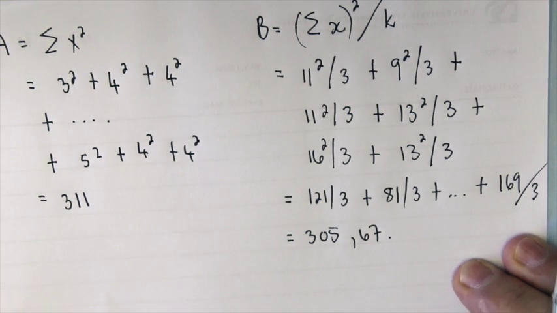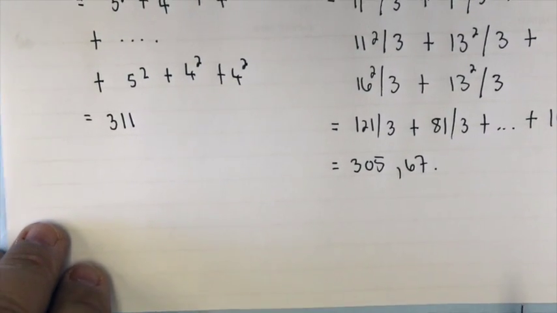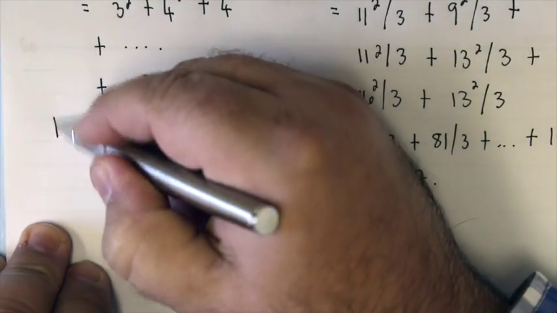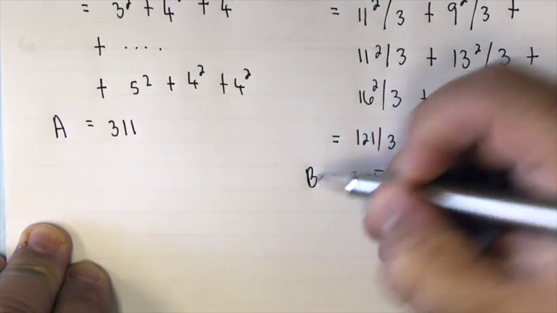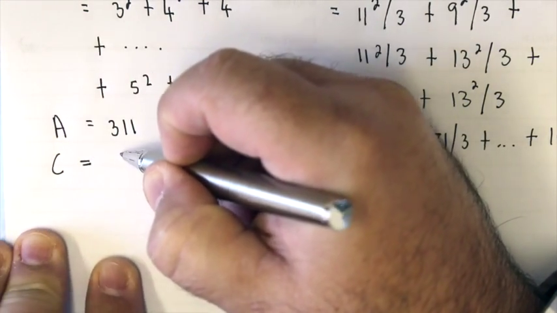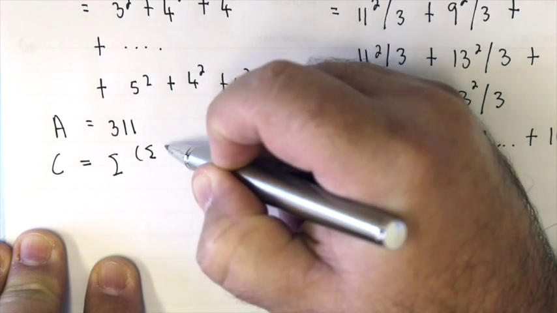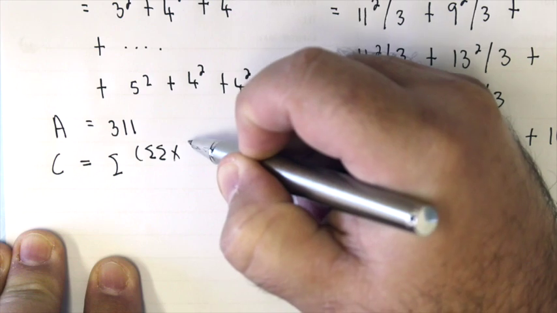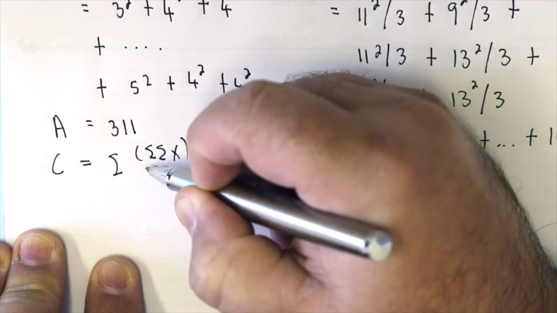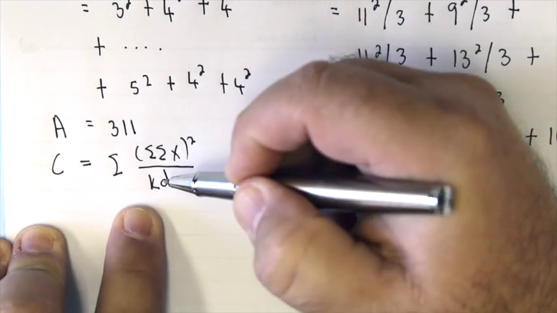The next one that we need to calculate is C. So let's make some space. Just to recap, that's A, that is B, and C basically is the sum of the sums of the x's to the power 2 divided by kd.